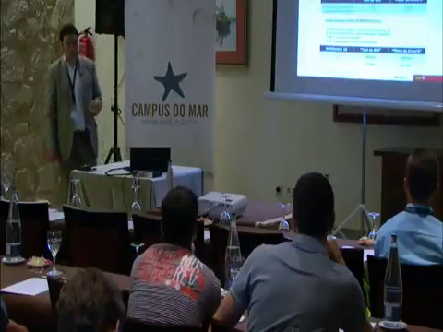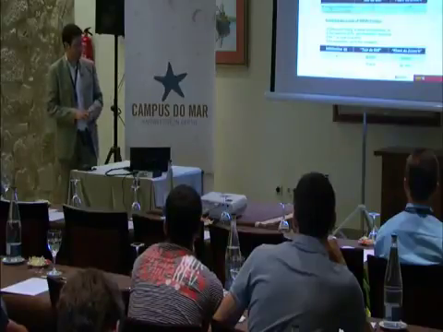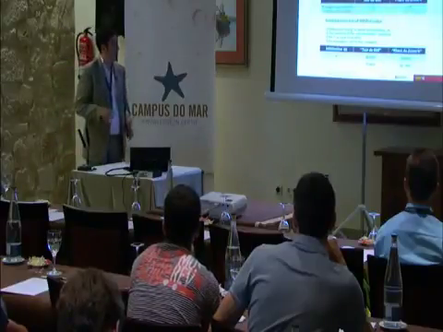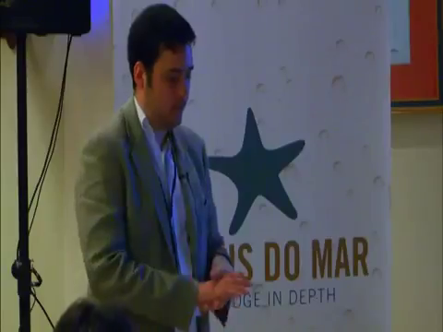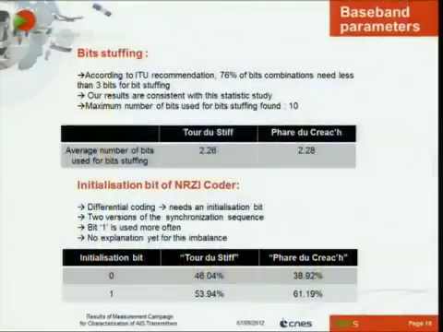So this result is consistent with the statistical study of the ITU recommendations. But the maximum number of bits used for bit stuffing we found was 10. So knowing that in the buffer only 4 bits are reserved for bit stuffing, the number of stuffing bits could be greater than expected.